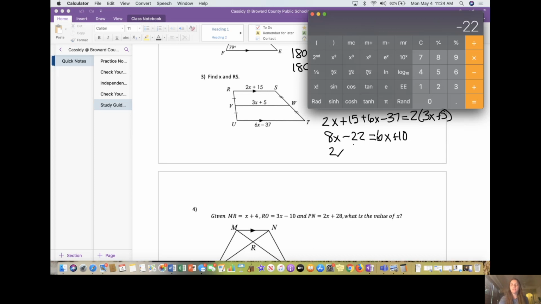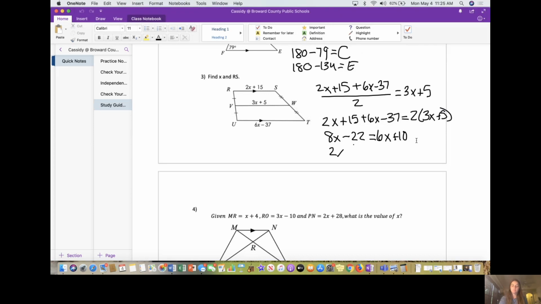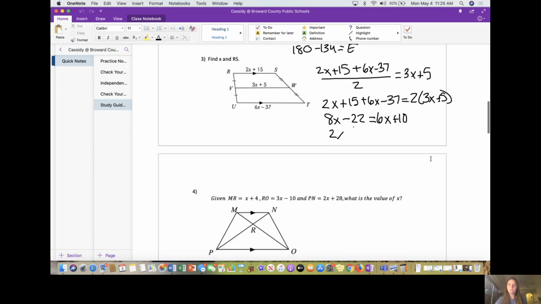So that cancels out this 6x, and then it subtracts 6 from 8, which is 2. And then we added 22 on both sides. This is going to end up being canceled out, and 22 plus 10 is just 32. Now all we need to do is 32 divided by 2, which just gives us 16. So that one we got x equals 16.